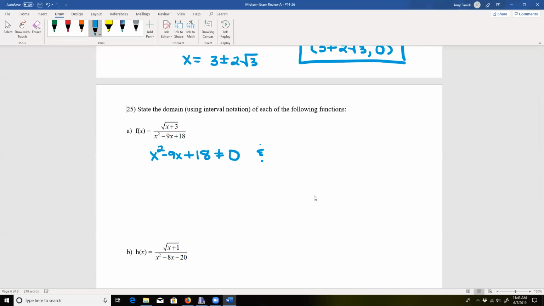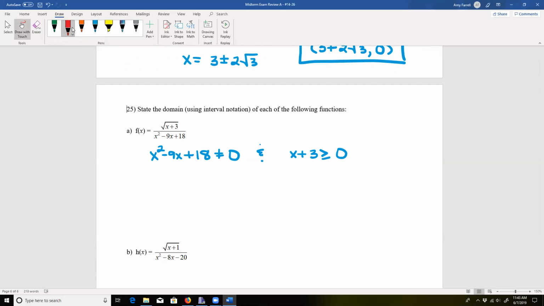And we don't want to take the square root of a negative number. So we want x plus 3 to be greater than or equal to 0. It's okay to take the square root of 0. Square root of 0 is 0. The square root of a negative number, we can do it, but it's not a real number. So that's why we're making that restriction that the radicand has to be greater than or equal to 0.